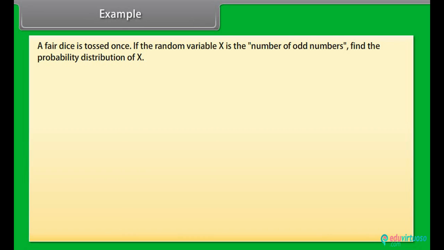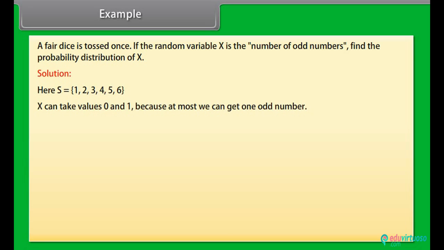If the random variable X is the number of odd numbers, find the probability distribution of X. Solution: here the sample space S is equal to 1, 2, 3, 4, 5, 6. X can take values 0 and 1, because at most we can get one odd number.